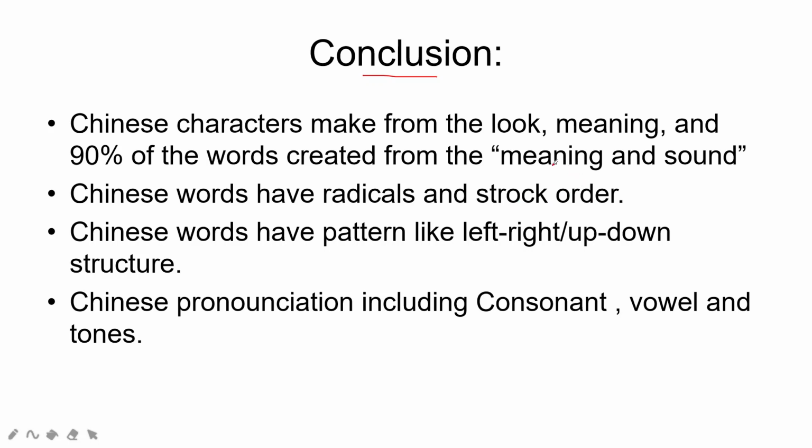Number 3, Chinese words can have patterns like the left-right pattern, the up-down structure, or the left, middle, right structure. The last one is Chinese pronunciation, including the consonants, the m, l sounds, and then the vowels, the a, i, and the tones. Normally we have 4 tones.